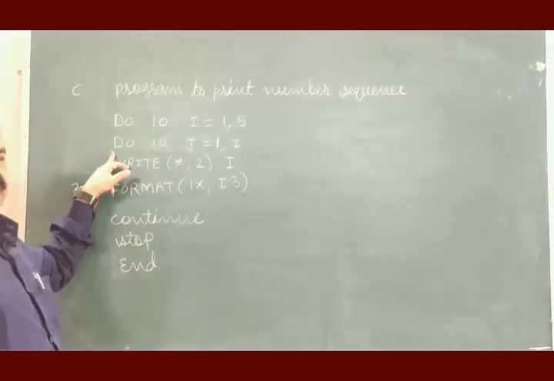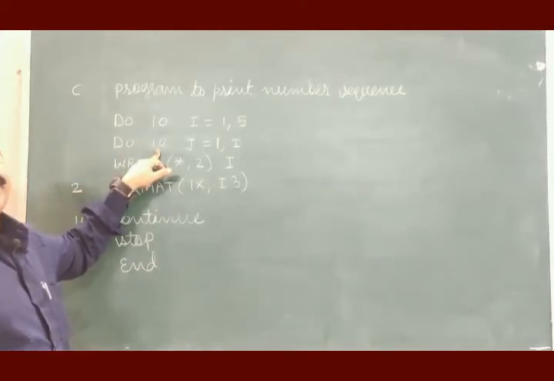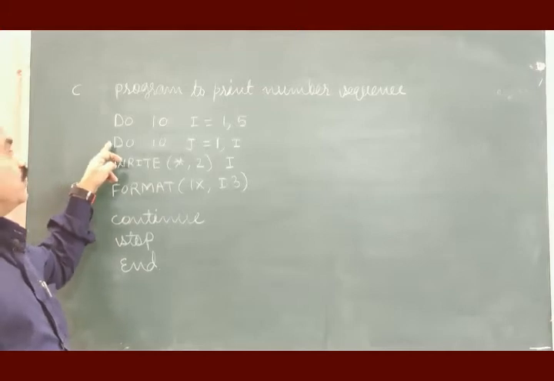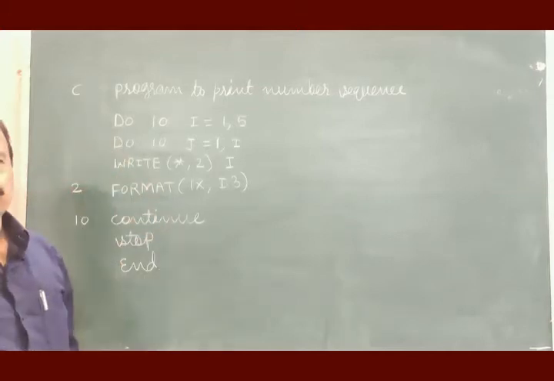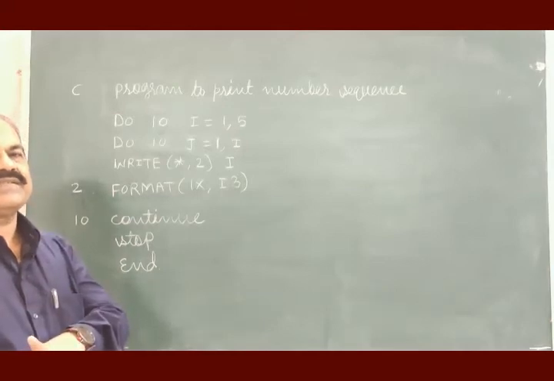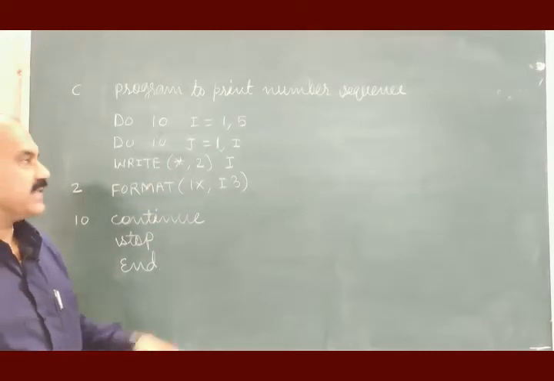Then I have set an inner do loop. Do 10. 10 is the line number of the last statement of this do loop. That is, these two do loops use the same statement, the same line number, as the last statement.